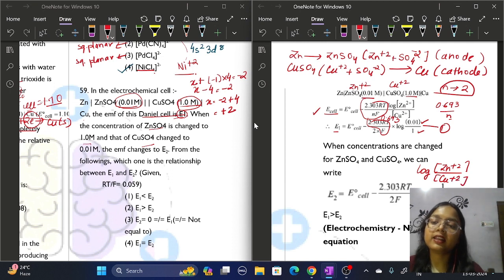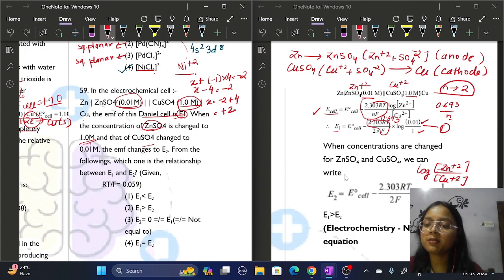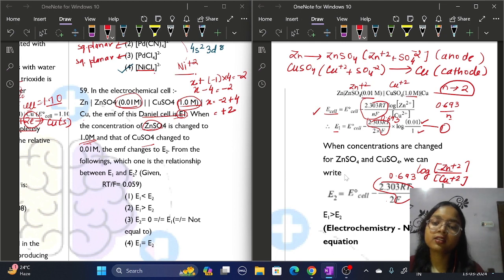Upon interchanging, Zn plus 2 becomes 1 molar, so let's assume Zn plus 2 as 1 molar and Cu plus 2 as 0.01 molar. Again, take all this part as 0.693 by 2. So this is E2.